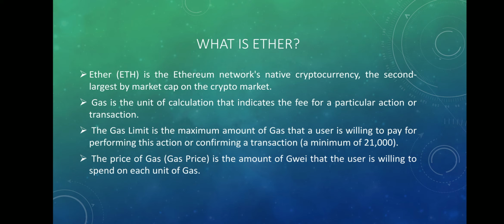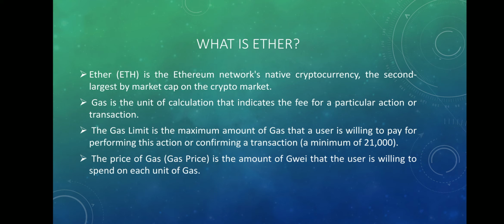Some other terms: gas is the unit of calculation that indicates the fee for a particular action or transaction. Whenever you perform a transaction, you have to pay the gas fee using Ether. The next term is gas limit. Gas limit is the maximum amount of gas that a user is willing to pay for performing an action or confirming a transaction.